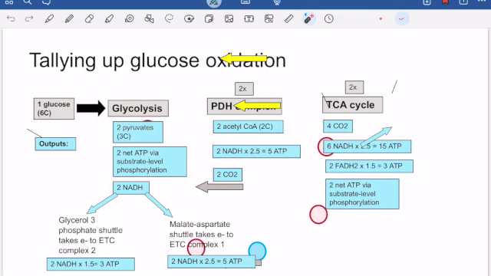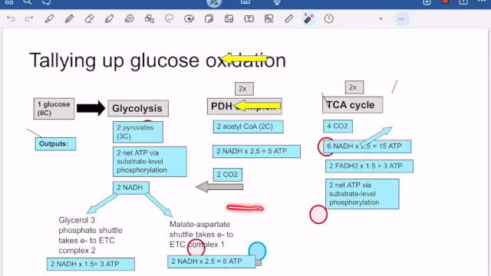Glycolysis and the PDH complex both produce 2 NADH, and the citric acid cycle is going to produce 6 NADH and 2 FADH2. When you're doing your ATP calculations, typically NADH is equivalent to 2.5 ATP and FADH2 is equivalent to 1.5 ATP.